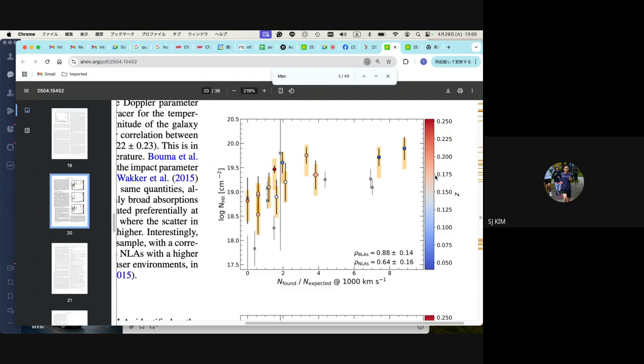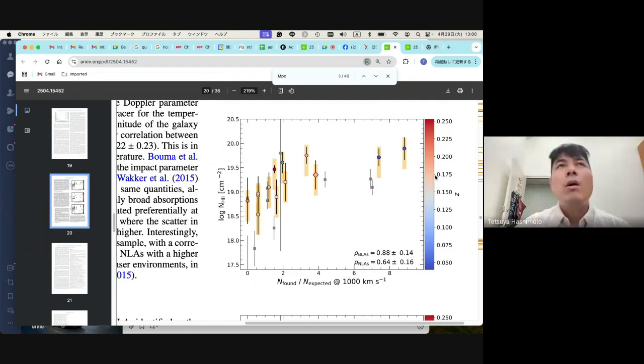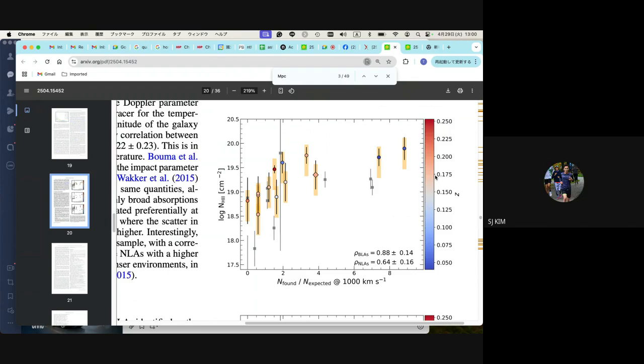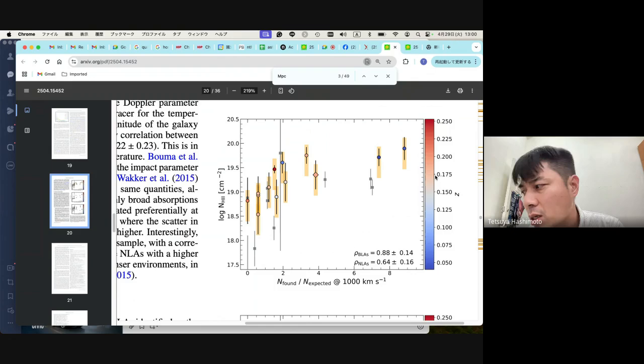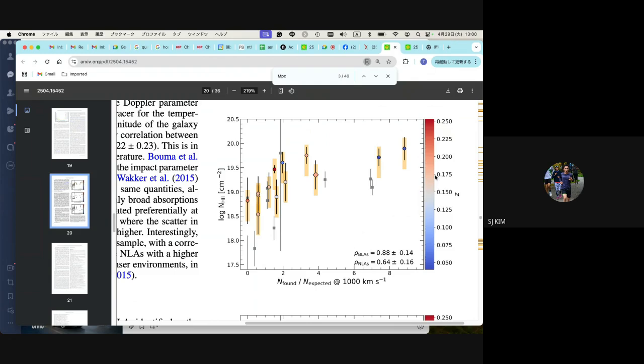I think DLA and BLA are looking at different systems. I think this is more like diffuse gas. So maybe DLA is deeper in the galaxy. So maybe. Okay, thank you. Interesting paper. Thank you.